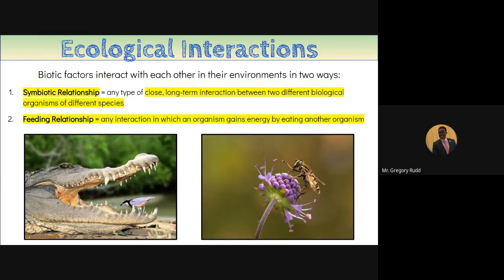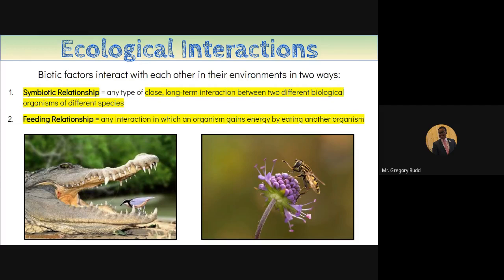Okay. So as you can see on this slide, we're talking about two specific relationships. So biotic factors, meaning living organisms, interact with each other in their environments in really two main ways. Symbiotic relationships, which are defined as any type of close long-term interaction between two different biological organisms of different species.